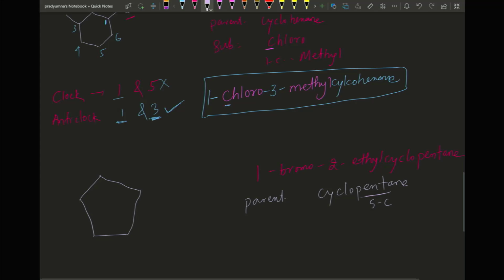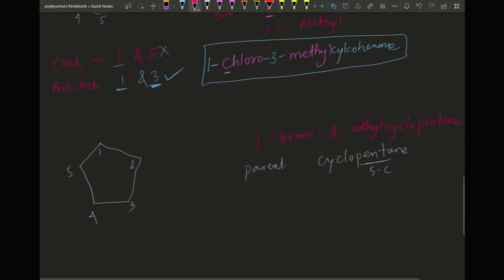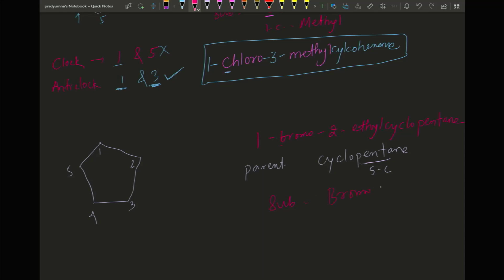All right, so now you can number them any way you want. Let's call it 1, 2, 3, 4, 5. Because it's the parent, you can number it any way you want. You can go clockwise, anti-clockwise, it doesn't really matter. But as long as you put the substituents in the correct locations, that's all that matters. Okay, substituent. So what's the substituent? Bromo, right? Bromo is Br. And what is the location?